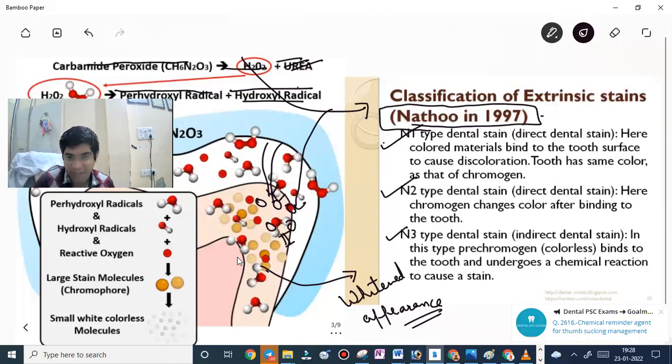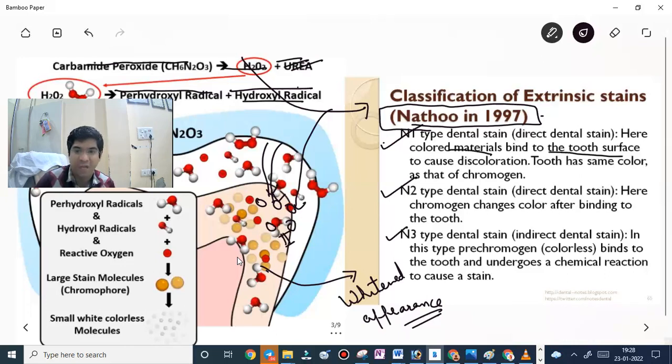So what is type 1? In type 1, the colored material will bind to the tooth surface to cause discoloration. So the tooth has the same color as that of the chromogen. But in type 2, the discoloring agent is a type 1 food stain that will change the color to darker after binding to the tooth surface for a certain amount of time.